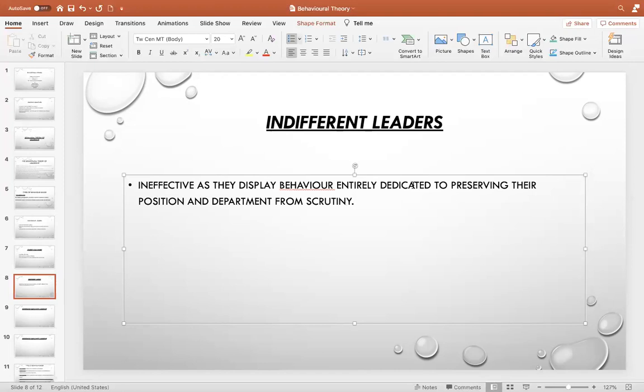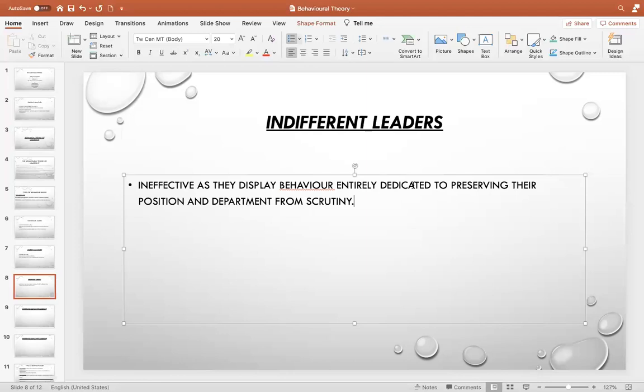This will usually manifest in having very little contact with their teams, dodging tasks whenever possible, putting severe pressure on their team to meet targets, no matter the cost, and so on.